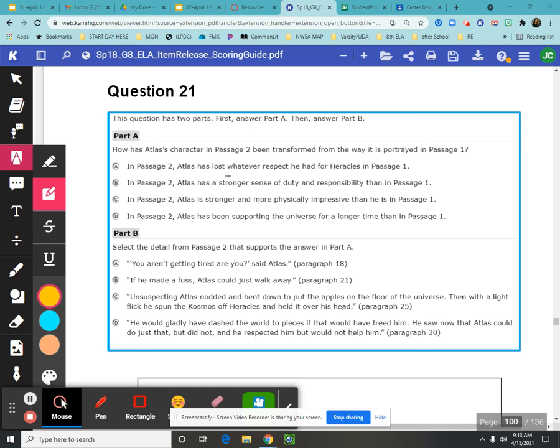A, in passage 2, Atlas has never lost whatever respect he had for Hercules in passage 1. We had some A's. B, in passage 2, Atlas has a stronger sense of duty and responsibility. We've got some B's. C, in passage 2, Atlas is stronger and more physically impressive. D, in passage 2, Atlas has been supporting the universe for a longer time than in passage 1.